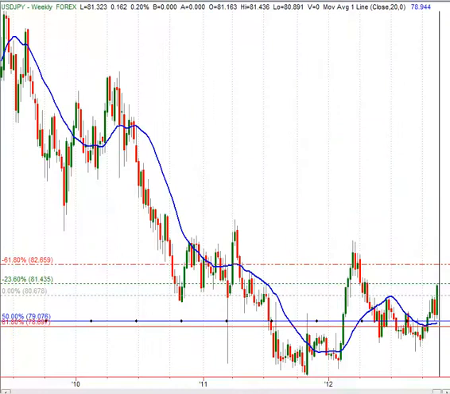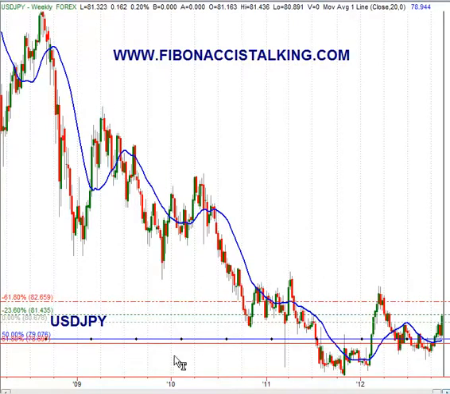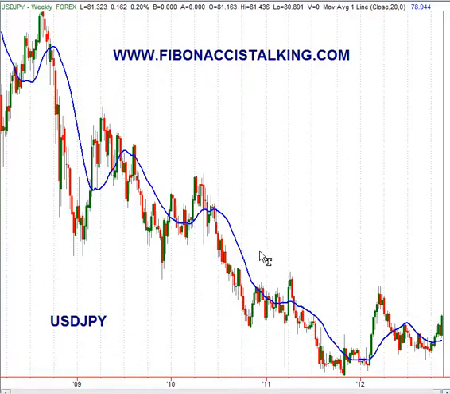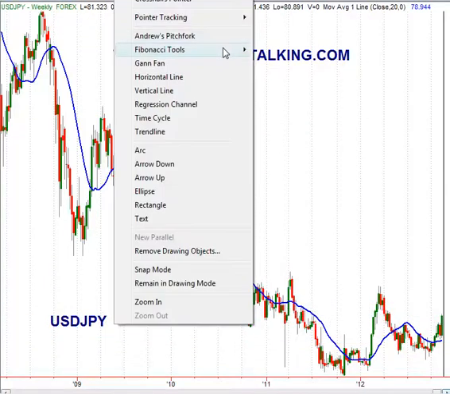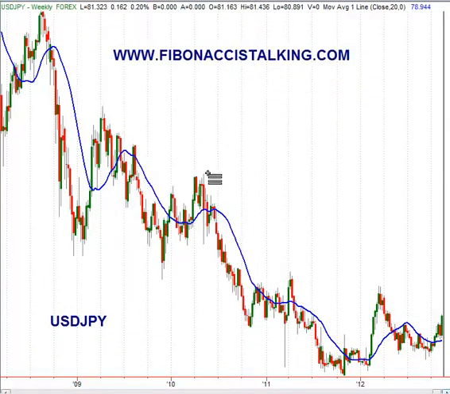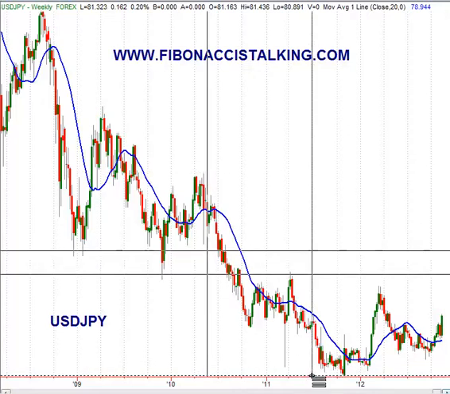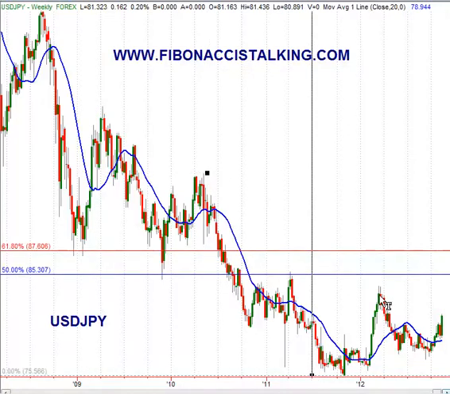And finally, the weekly chart of the US dollar versus the Japanese yen, and we have to be very careful with this chart because the yen is showing much more weakness when compared to the dollar. So this is a very dangerous pair at the moment.